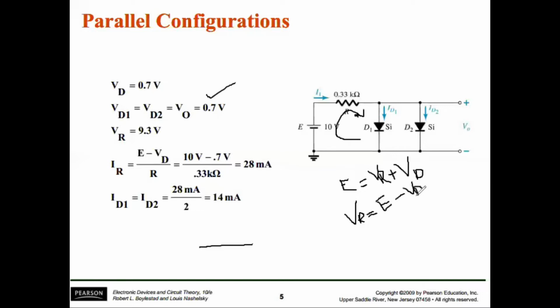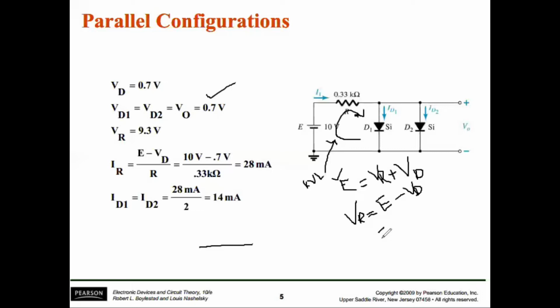This is from where we got it. We applied KVL, Kirchhoff's voltage law, in this loop, and after finding this equation we have rearranged it to find the value of VR.